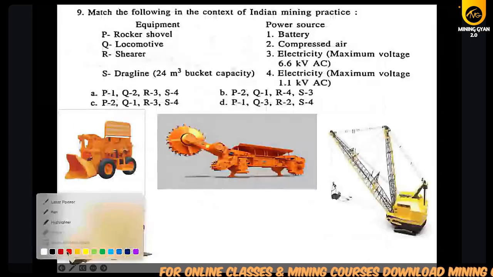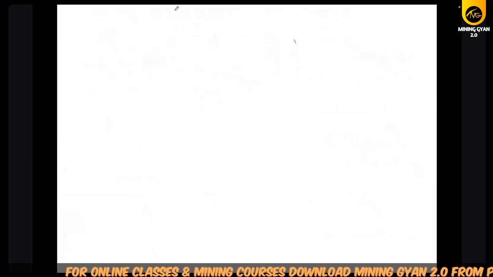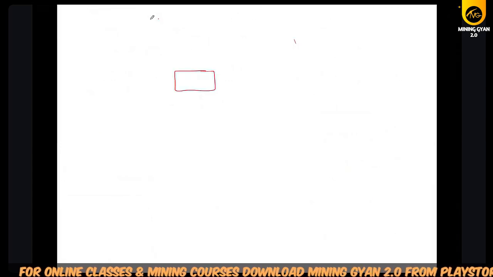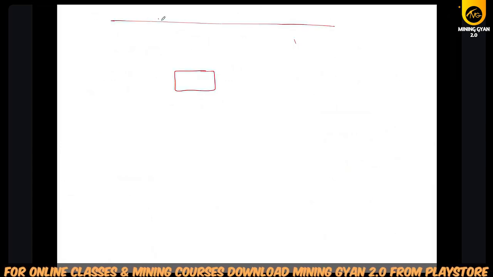So I told you that if this is your block, and if you want to extract like this, then you have to extract this OB divided by this ore. Then you have to find out the area of this, then this, and then this and this.